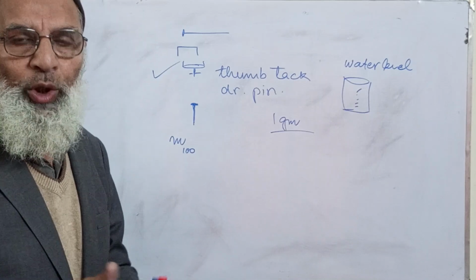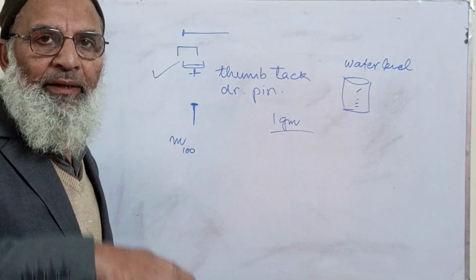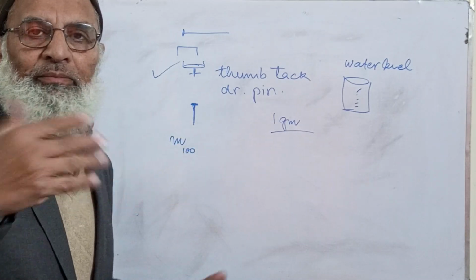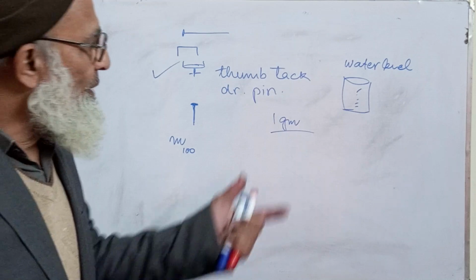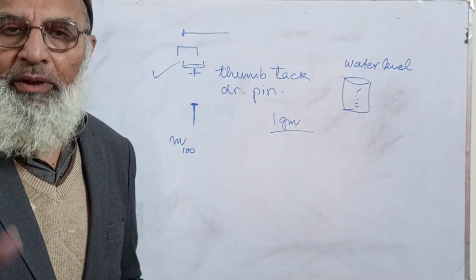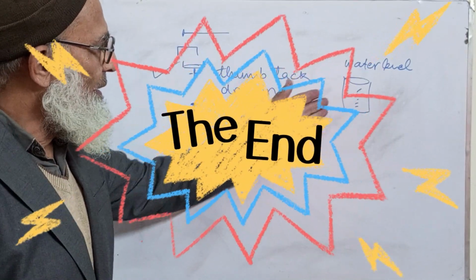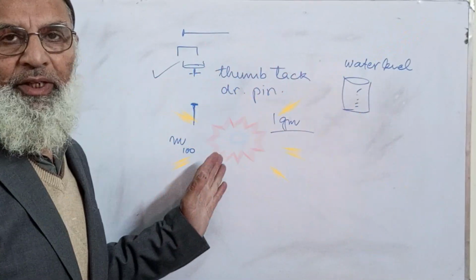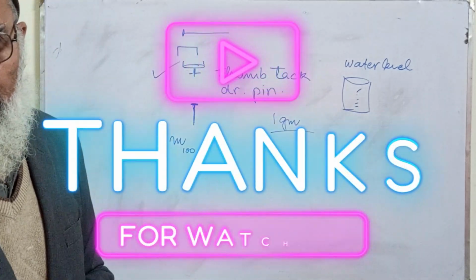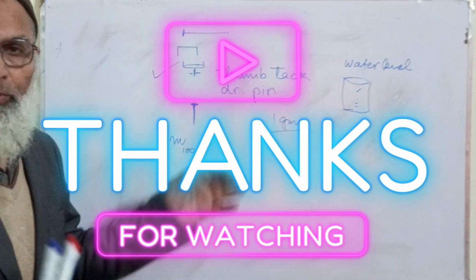Then put the whole bunch of pins into the water, note the rise, and deduct the previous level. You'll know the volume, then divide the volume by 100. You will know the volume of one pin.